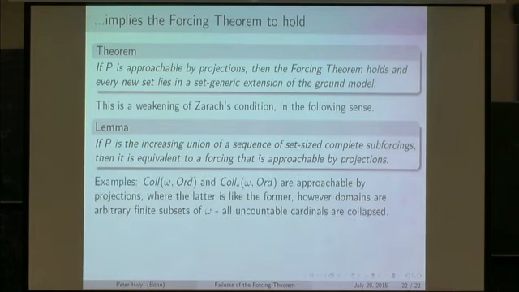And so I have two examples here, namely this simple collapse forcing, which I should not have erased a couple of minutes ago, Coll(omega, Ord), and its variant Coll*(omega, Ord). I'll just put it on the blackboard again.